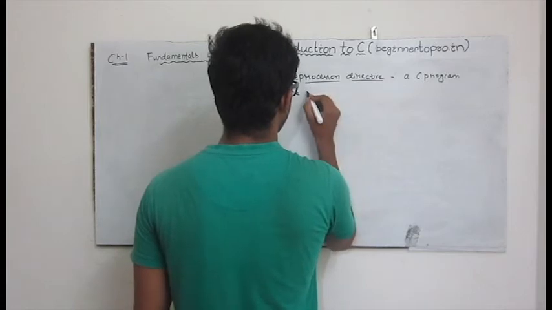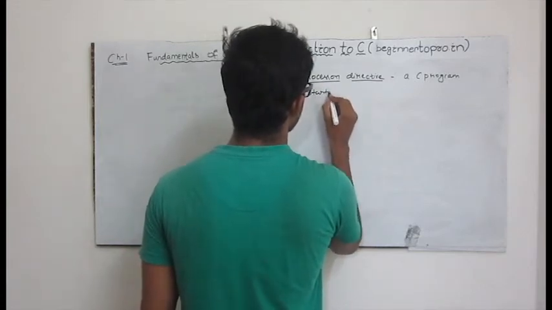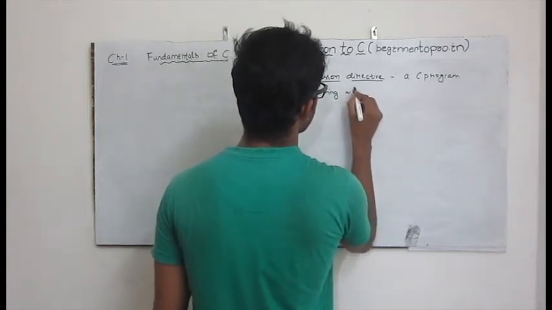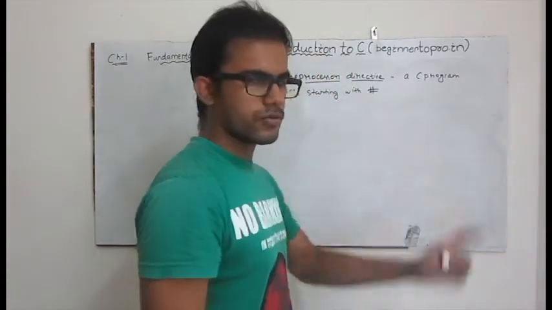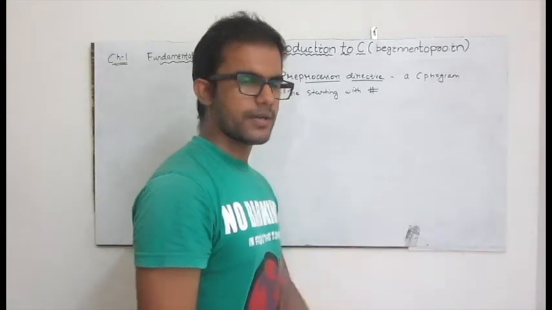A C program line starting with hash is going to give instruction to the preprocessor.